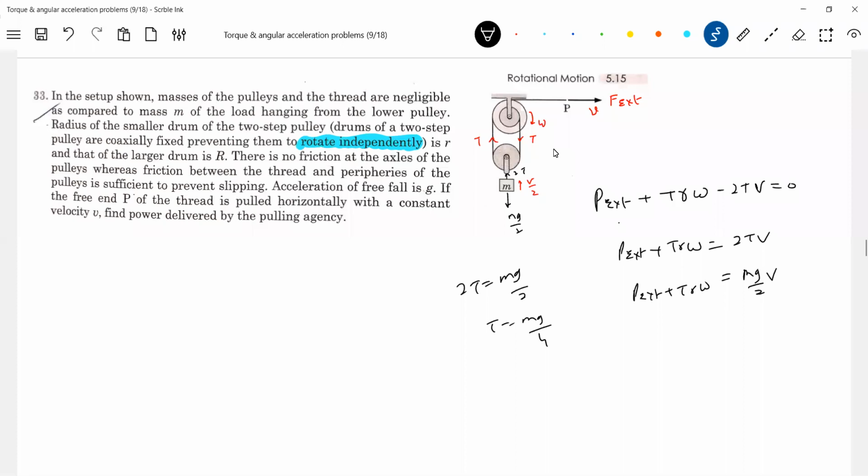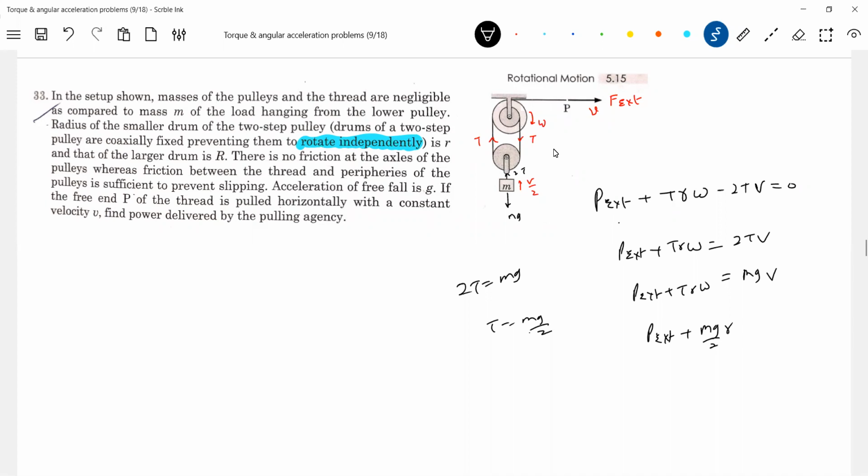Try to make observation. Oh, sorry, it's only 2tv. Yeah, no. What should be the t? 2t should be equal to mg by 2. I'll write it. So external power is equal to mg by 2 r. What should be the omega?